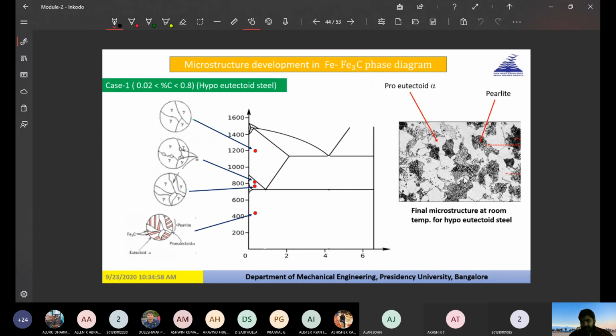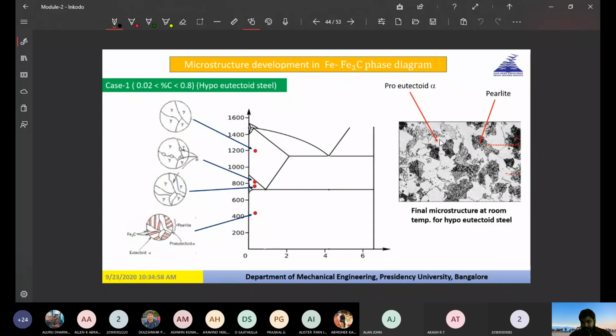So you can relate how well the theory relates to the practical. This is the actual microstructure, and it contains only what we have discussed. Here also at room temperature we have pro-eutectoid alpha and pearlite. You can see the ferrite over here.